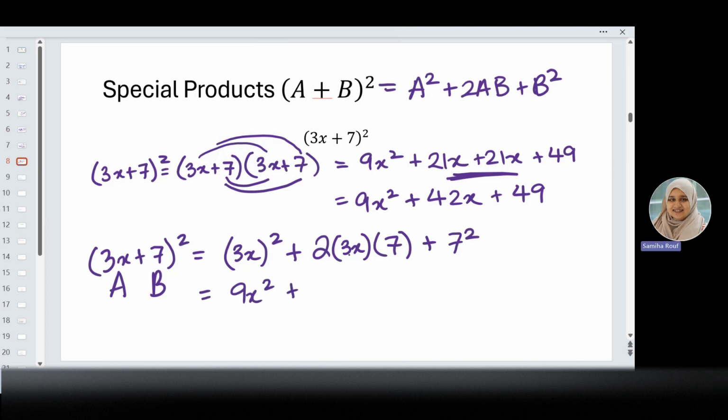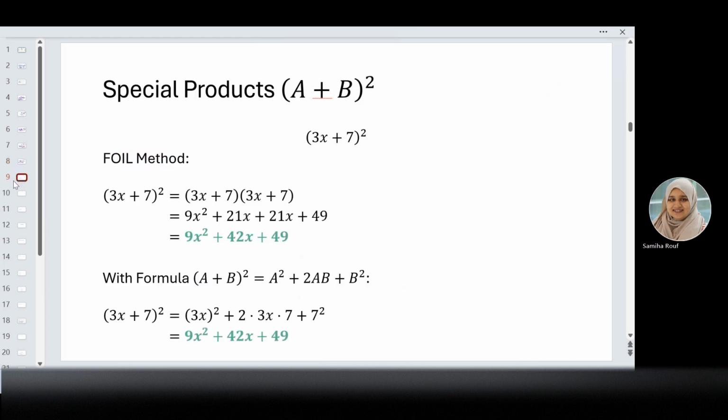This is 2 times 3, which is 6. 6 times 7 is 42. And then we just do 7 squared, which is 49. So whichever route you take, the final result is the same.